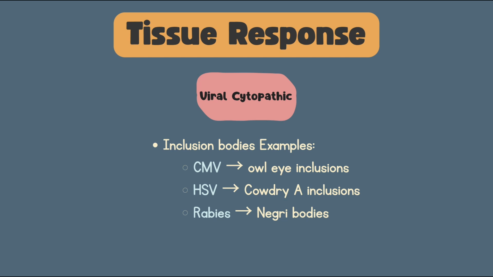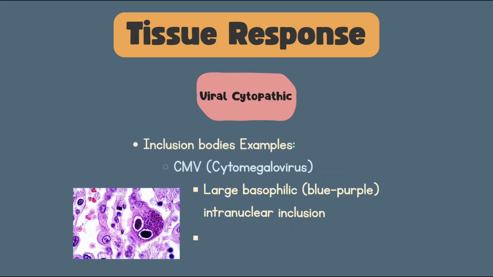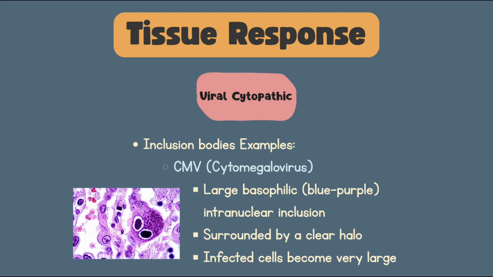So let's have a look at some of the examples of inclusion bodies. Some examples of inclusion bodies include CMV, HSV, and rabies. Let's have a closer look at each of them, starting with CMV. CMV inclusions produce a characteristic owl's eye intranuclear inclusion. So the inclusion is found in the nucleus.